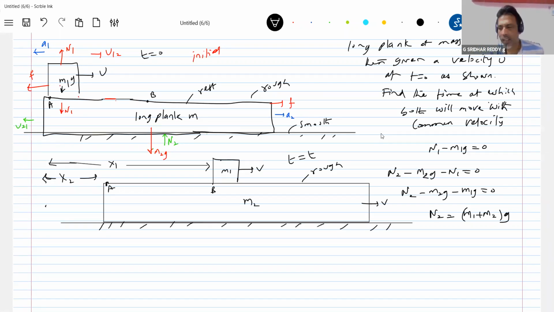Okay, let's go for the calculation of A1. A1 should be equal to F by M1. I'll put a negative sign, retardation. What is F1? F1 is equal to mu N1. F is equal to mu N1 only, mu M1G.